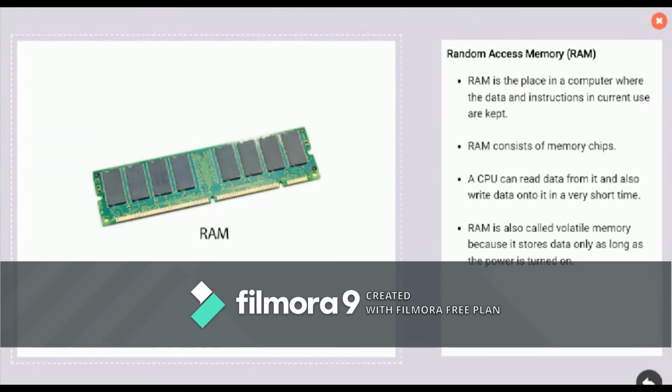A CPU can read data from it and also write data onto it in a very short time. RAM is also called volatile memory because it stores data only as long as the power is turned on. So these are the things about RAM.